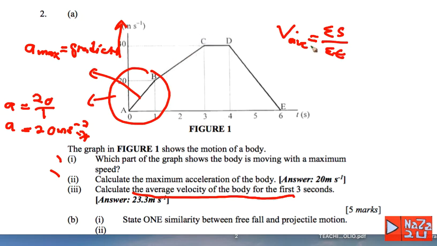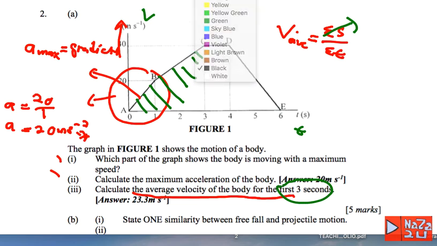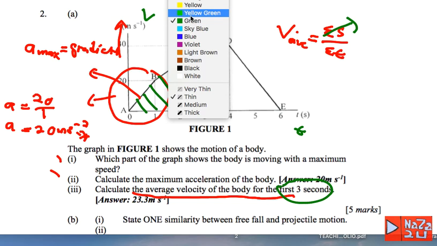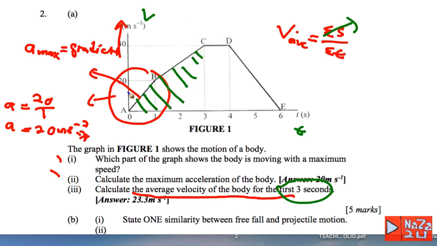Because this is a graph of v versus t, you can find the total distance as the area under the graph from 0 to 3 seconds, because this is the first 3 seconds. So now you can find the area under the graph: the first triangle, and this is a trapezium, right?